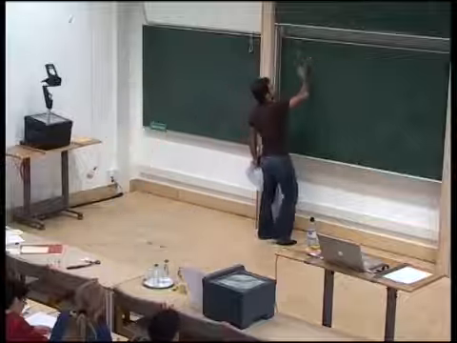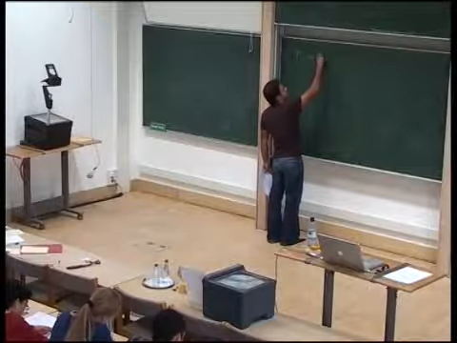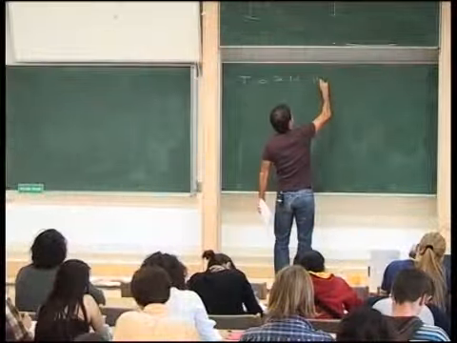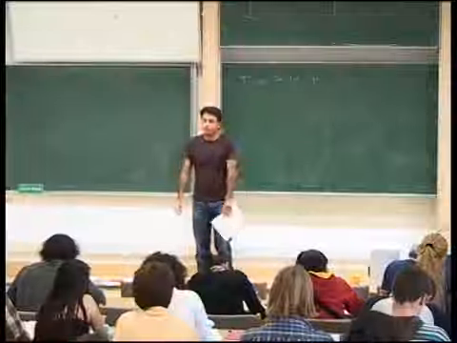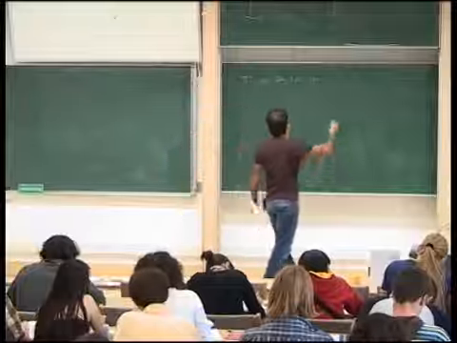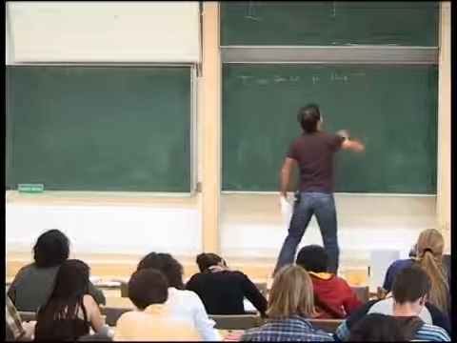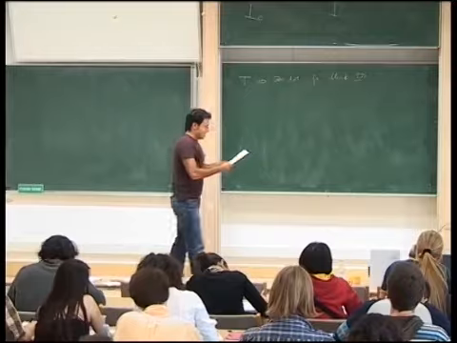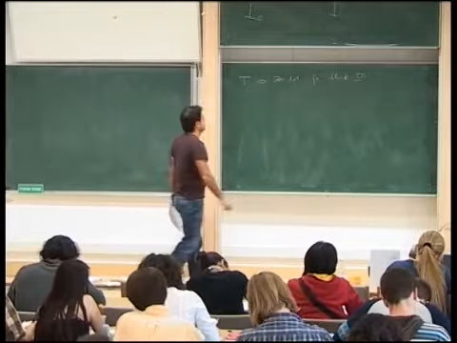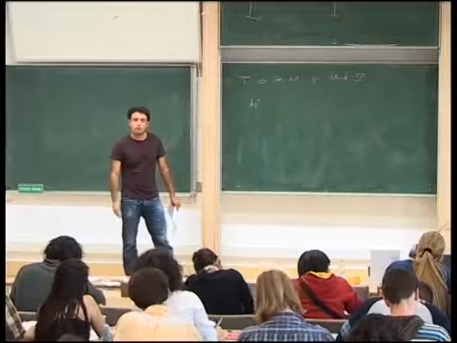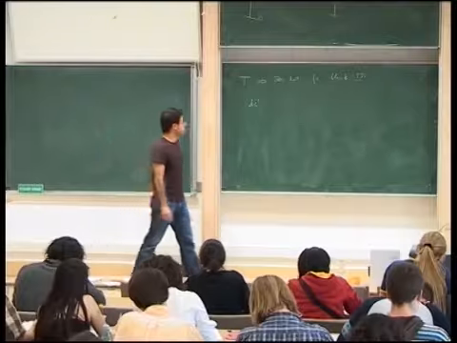And so this suggests that what you should do is take a decoupling limit for non-extremal D3 branes, for black D3 branes. And so the metric, in that case, takes the following form. It's just a little modification with respect to the metric I wrote down yesterday.